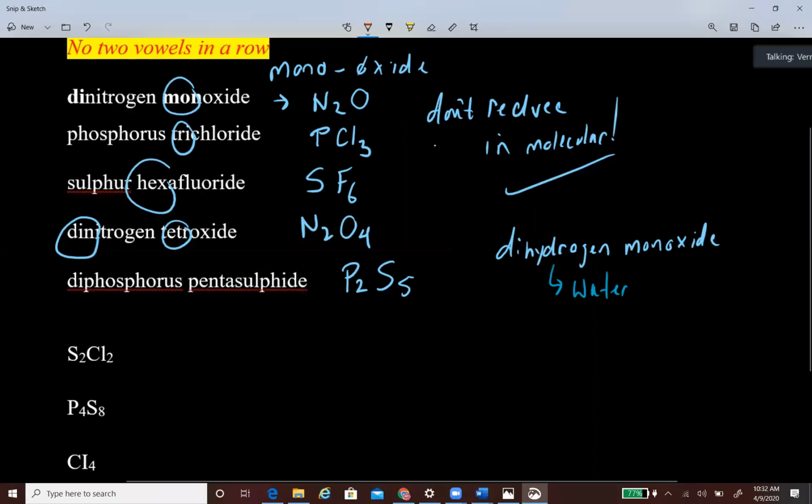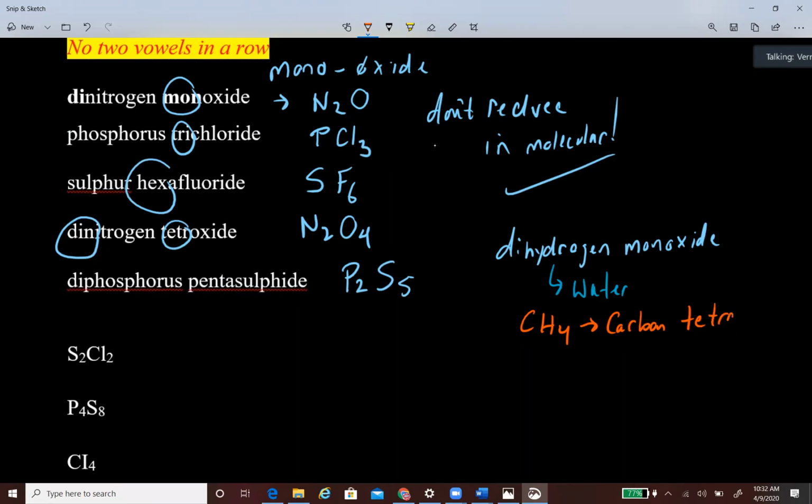For instance, if you had to name this, it would be carbon tetrahydride. But this actually has an official name, methane. So some of them have official names. You're going to come across them and remember them over time.